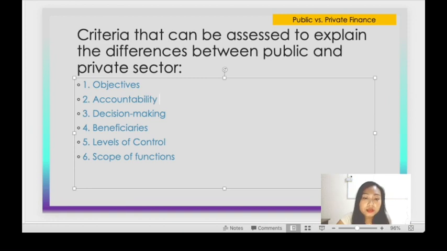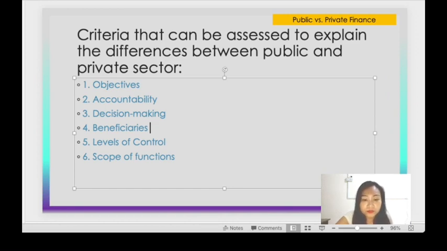The third one, who has the power to decide in order to gain what is already being planned for each sector. So who has the power to decide? So we are going to look at the criteria as well. The fourth one, beneficiaries, means who will get the benefit.